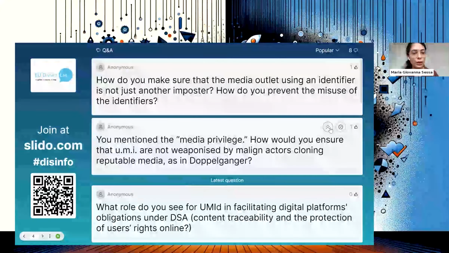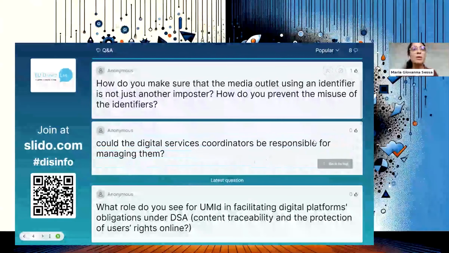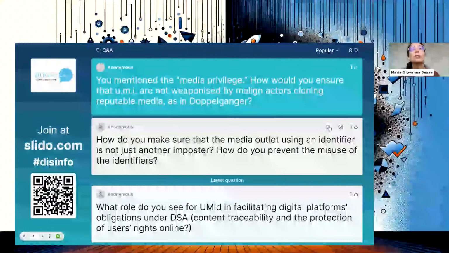How would you ensure that the unique media identifiers are not weaponized by malign actors cloning reputable media, as in Doppelganger? And there is another question which would make sense to address together, which is how to make sure that the media outlet using an identifier is not just another imposter. How do you prevent the misuse of identifiers? So I see similarities between these two questions. If you could take them, that would be very interesting for us.